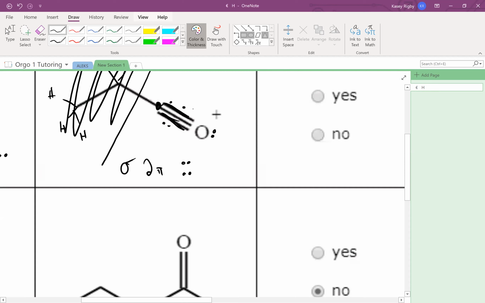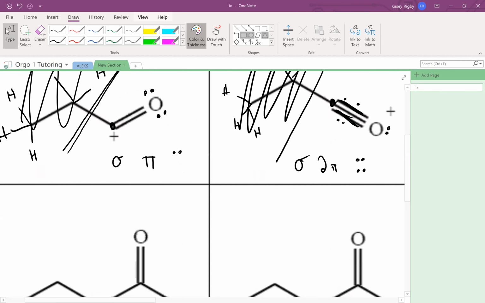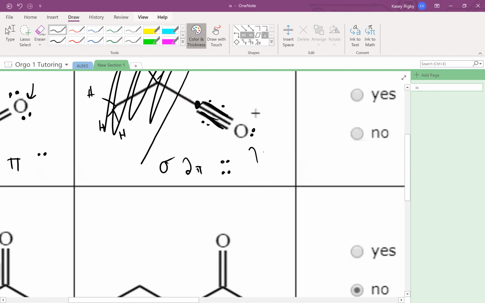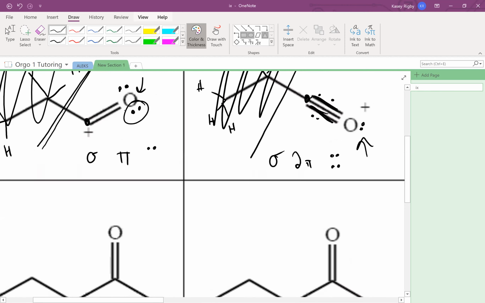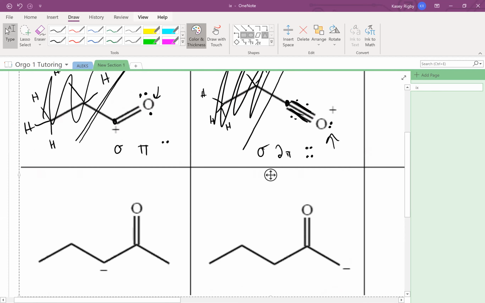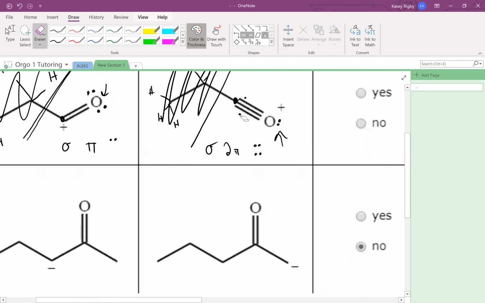Now, to determine if this is valid, we have to figure out where this lone pair came from. And we can see over here that we go from 2 lone pairs on this oxygen to 1 lone pair on this oxygen. So this is where the lone pair came from. This is a valid resonance structure. The way we would draw this is the lone pair from this oxygen goes onto this double bond and makes a triple bond right here.